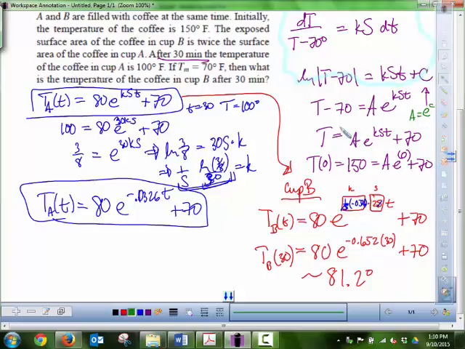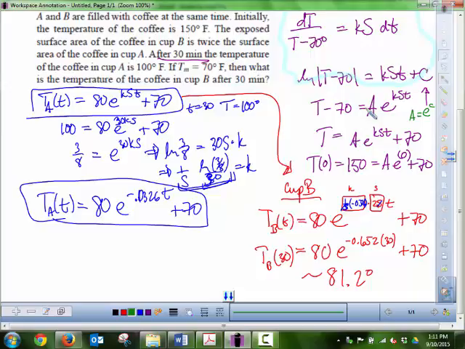When you use the exponents, it's like e to the kst times e to the c. And since you're multiplying by e to the c, it's just another constant. So I decided to call that something else instead of e to the c. And that's a common thing that you'll see a lot in things that deal with differential equations. Anything else?